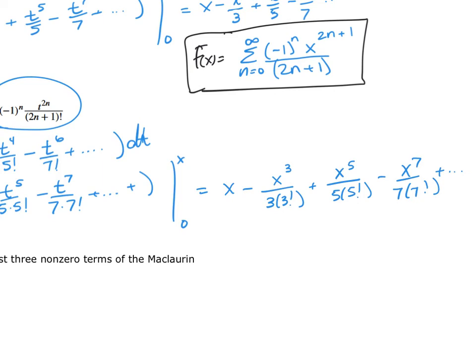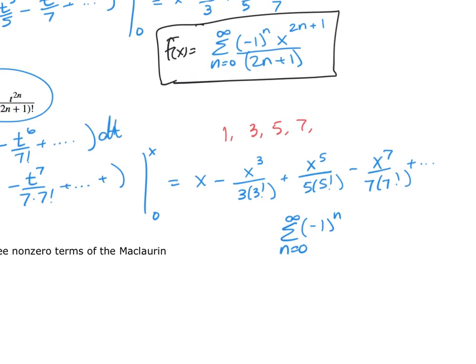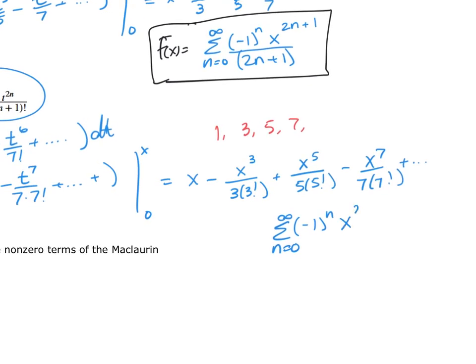So this is going to be equal to the summation of n equals 0 to infinity. And once again, I'm going to pay attention to my powers. I go 1, 3, 5, 7, and so I'm going up by a difference of 2 each time. So I still have the alternating, negative 1 raised to the n, x raised to the 2n plus 1.